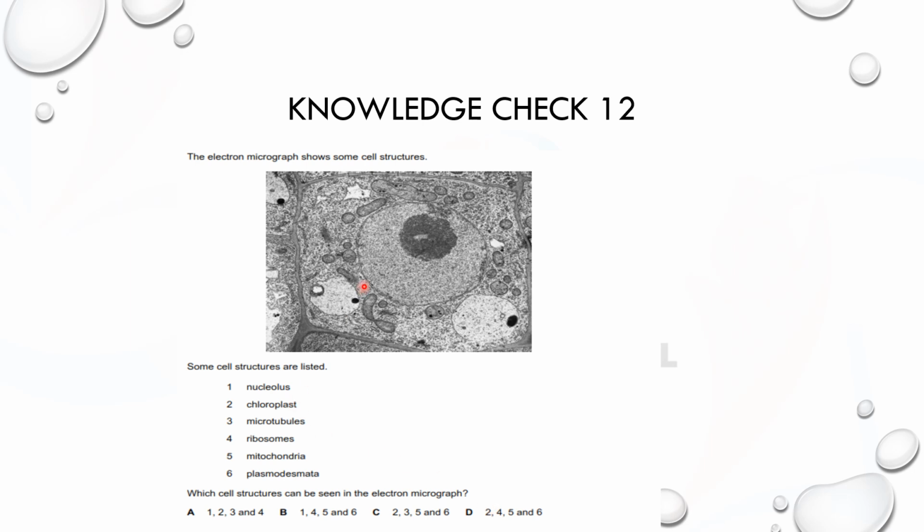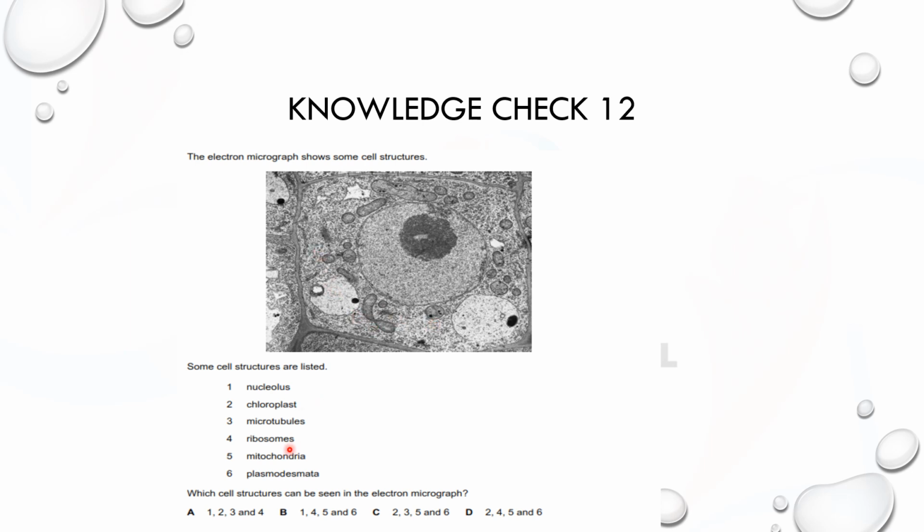Chloroplast cannot be seen here, okay? And then microtubules cannot be seen. Ribosome, all these tiny spots. Okay, now when I say microtubules, they are not visible here. I mean, they are not present. Chloroplast is not present. It's not that it cannot be seen by electron microscope. But you can see tiny dark spots.